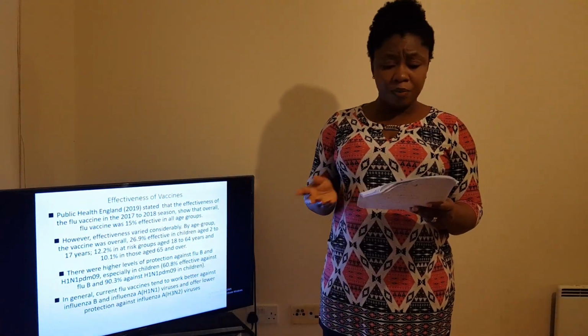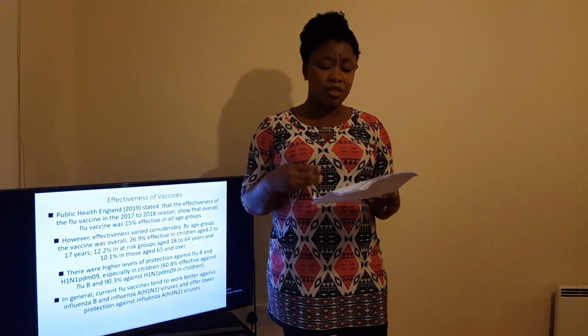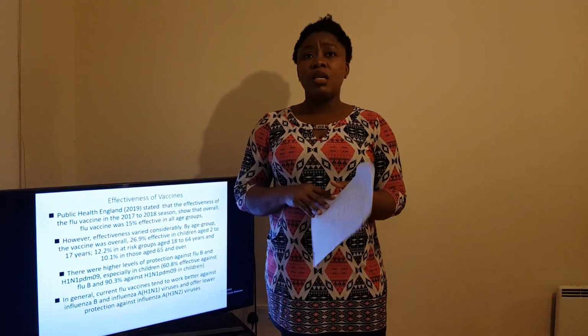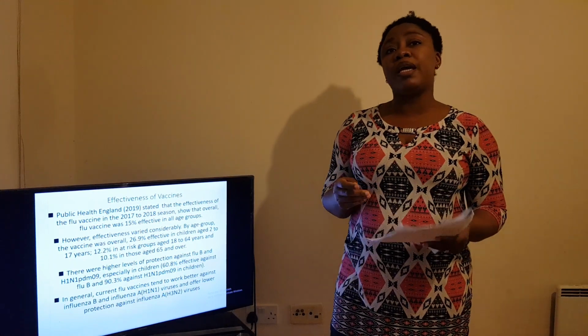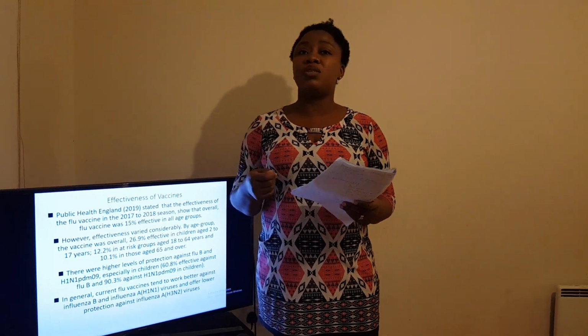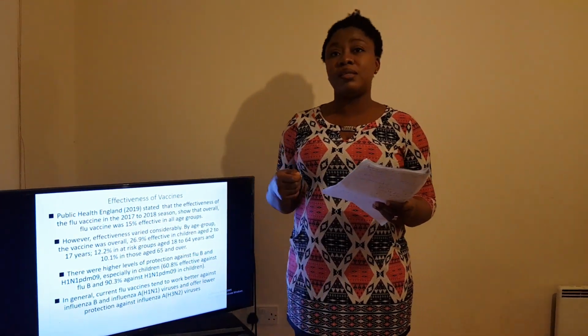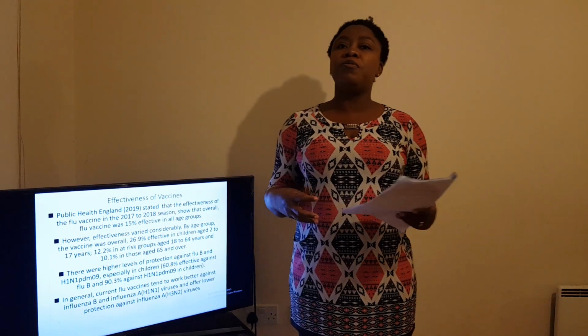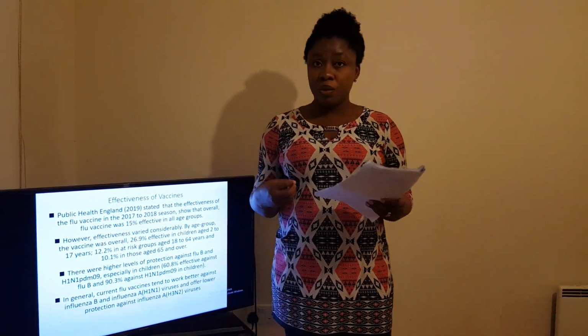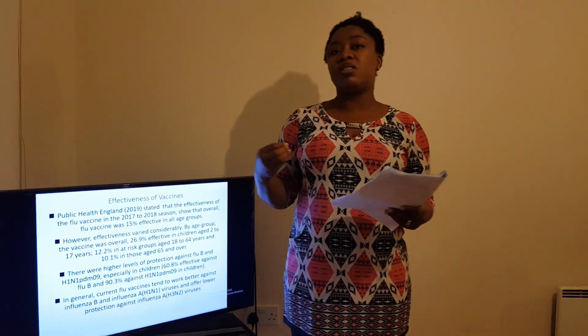And now I will also be talking about the effectiveness of vaccines. How effective are our vaccines? Public Health England in 2019 stated that the effectiveness of the flu vaccine in the 2017 to 2018 season shows that overall the flu vaccine was 15% effective in all age groups. However, effectiveness varied considerably.